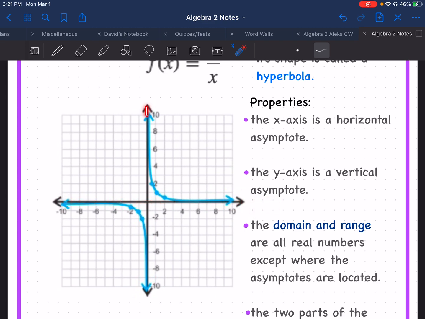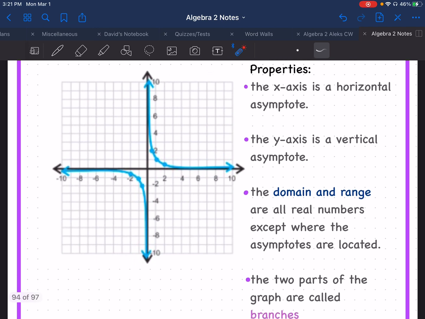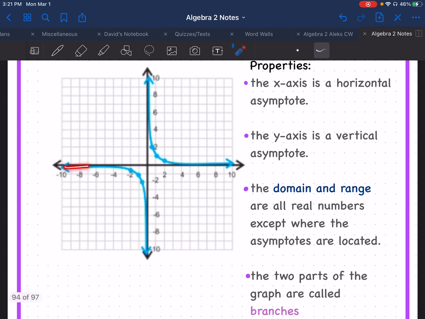And then the y-axis is also a vertical asymptote, and this is the equation x equals 0. The domain and my range are all my real numbers except where these asymptotes are located. The two parts of my graph, this one and that one, are called branches.